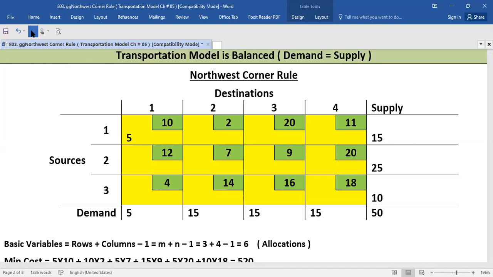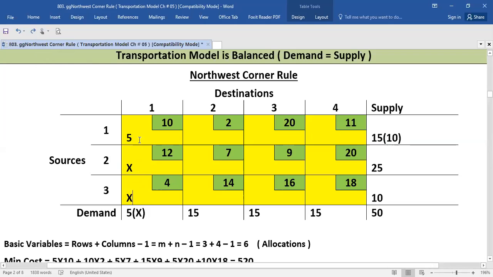Yes, after 5, you will put cross sign and you will put 10 in front of 15 as 10 is left. And also you will put cross sign in these 2 blank cells like this. No allocation will be made in these cells.